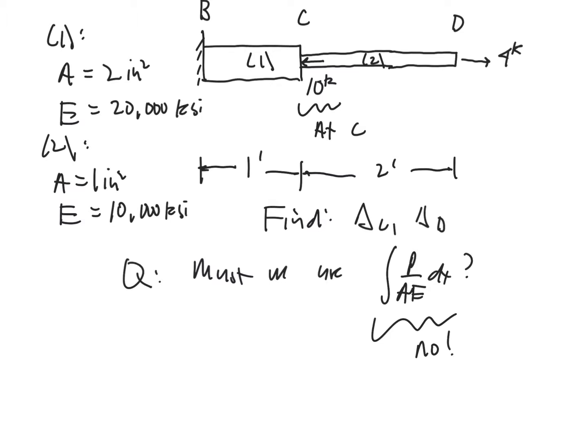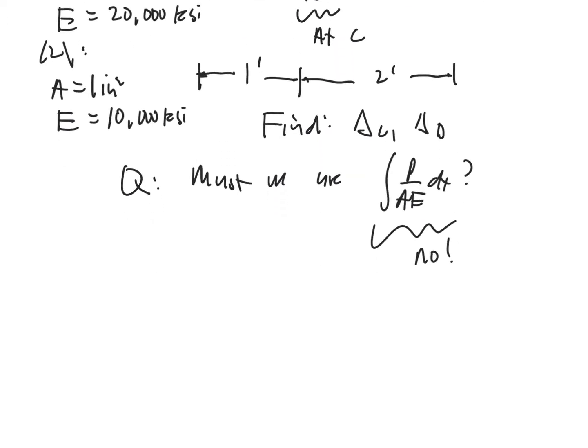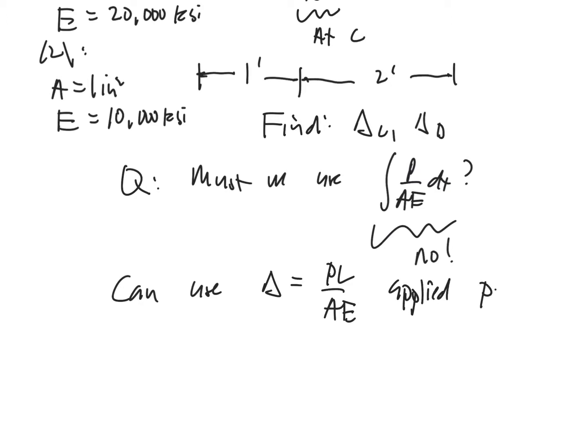No. Instead, you can use PL over AE but apply it piecewise. So we can use delta is PL over AE applied piecewise. By applied piecewise, we mean that that expression is valid over segment 1, and it's also valid over segment 2. So we have to somehow combine them individually and then add them up, basically.